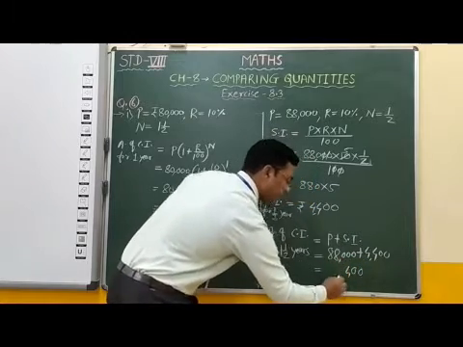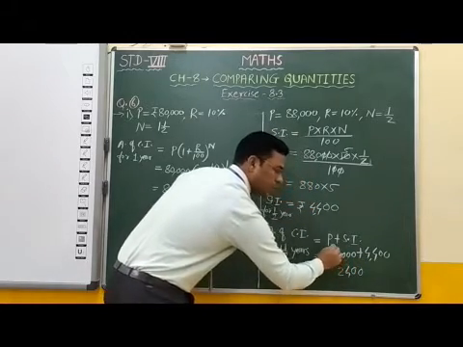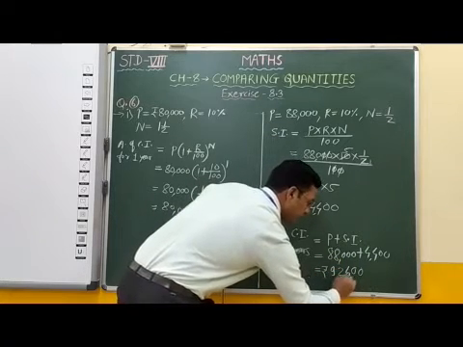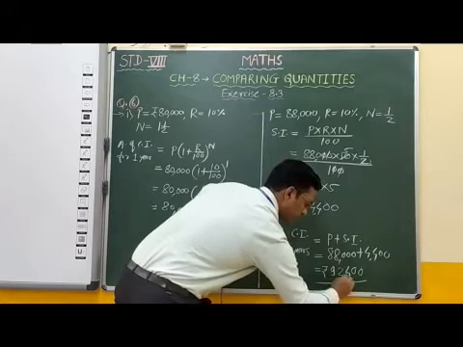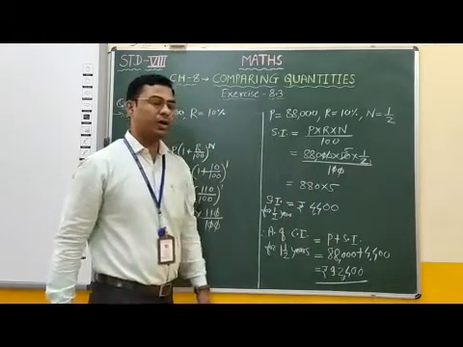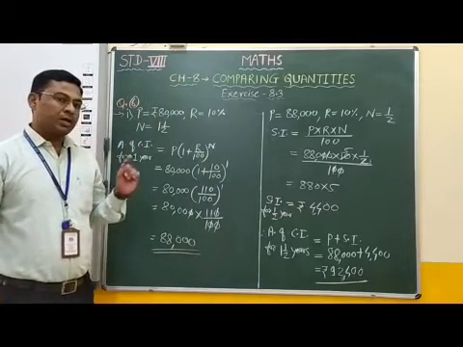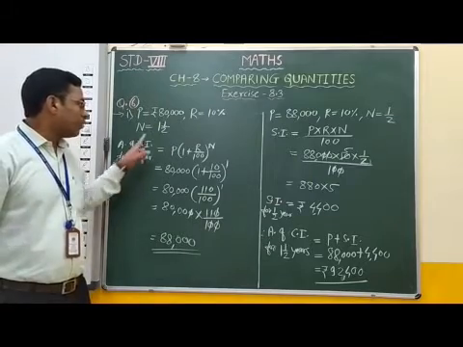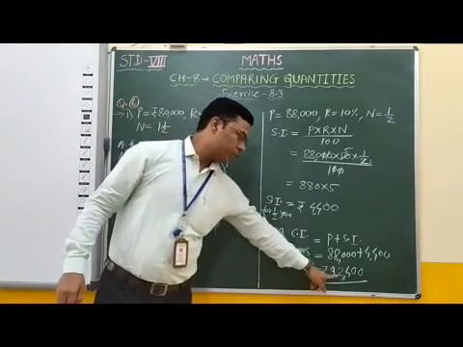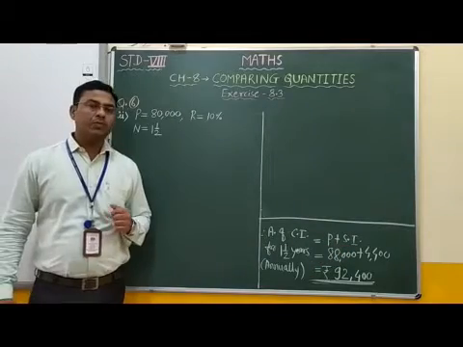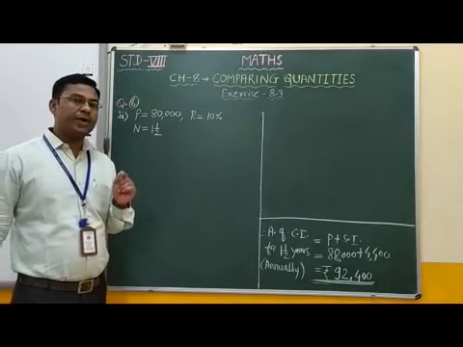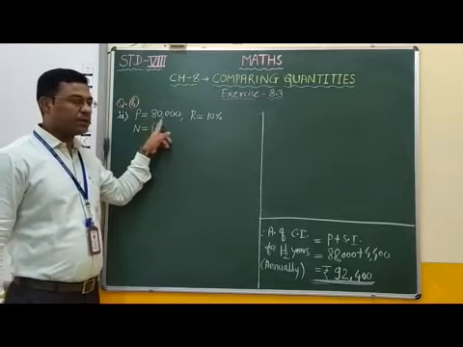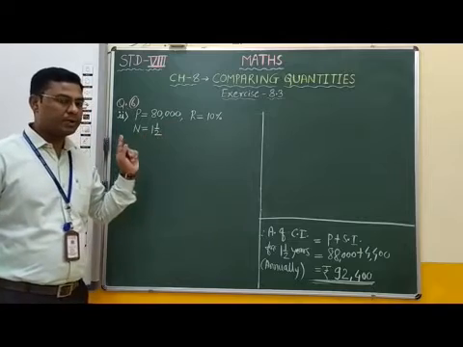Now 4 plus 8, 12. Carry 1. 1 plus 8, 9. Therefore, 92,400. Therefore, students, the amount of compound interest annually for 1.5 years is equal to 92,400. Now, we have to find out the amount of compound interest compounded half yearly for the same principal, same rate of interest and same number of years.